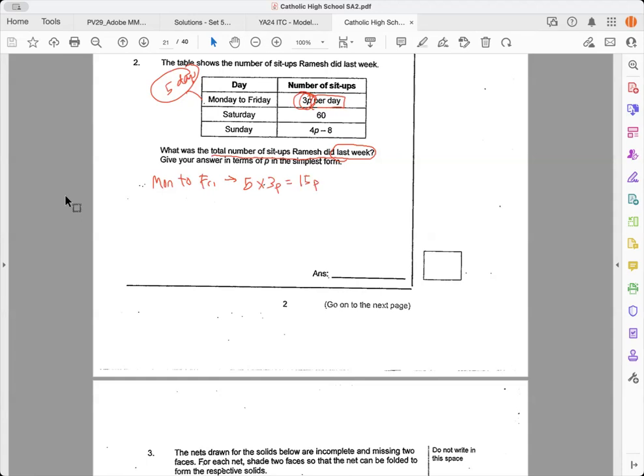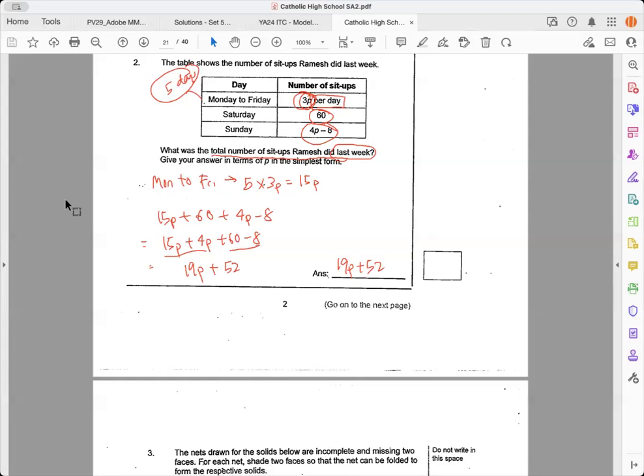That is Monday to Friday, plus Saturday, plus Sunday: 4p minus 8. Now I'm going to group my p's together: 15p plus 4p plus 60 minus 8. This will give me 19p, and this will give me 52. So 19p plus 52, that's the answer.